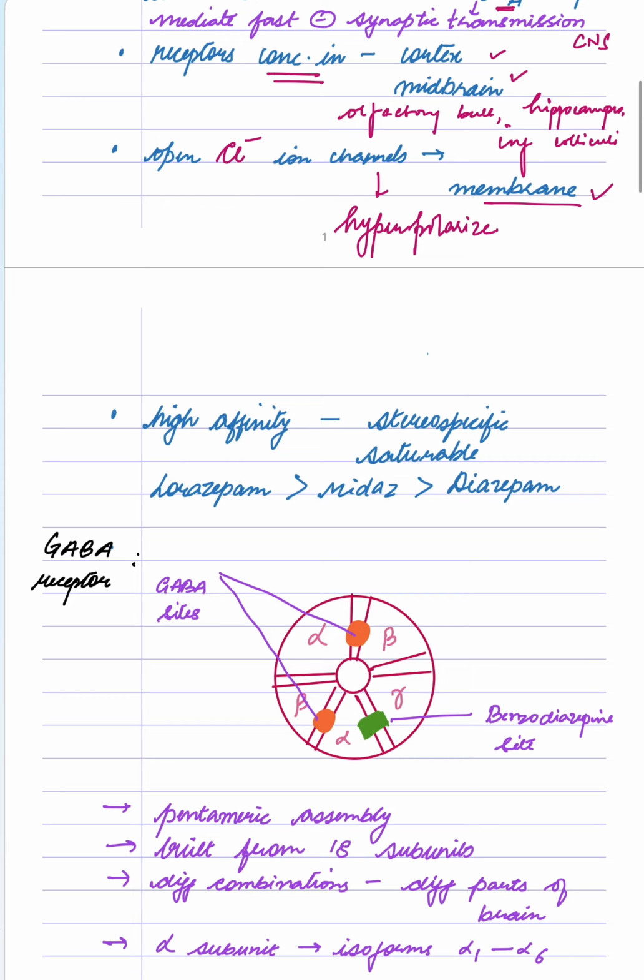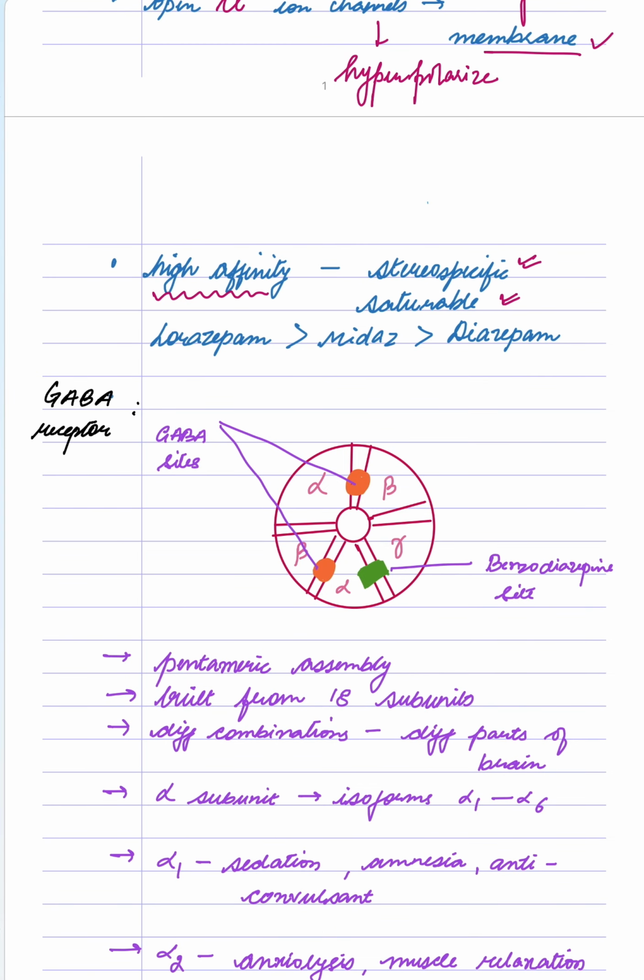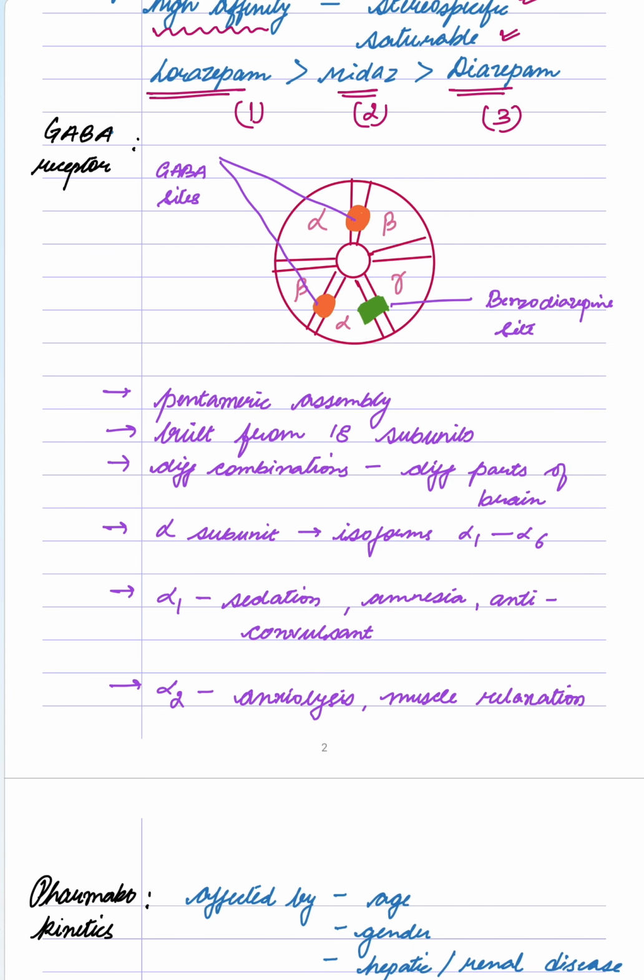Now, these drugs have high affinity for these receptors, and this affinity is both stereospecific and saturable. The degree of this affinity comes in this order. It is highest for lorazepam, followed by midazolam in second place, and in third place comes diazepam. So, the GABA receptor. GABA has a pentameric assembly.